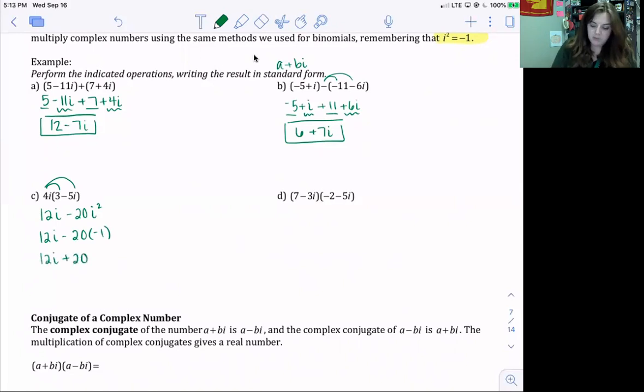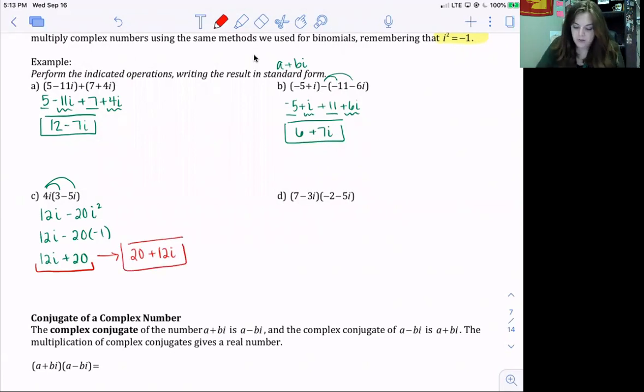But here's where we have to be careful. This isn't correct because it's not in standard form. So we need to rewrite it as 20 plus 12i to be considered correct.